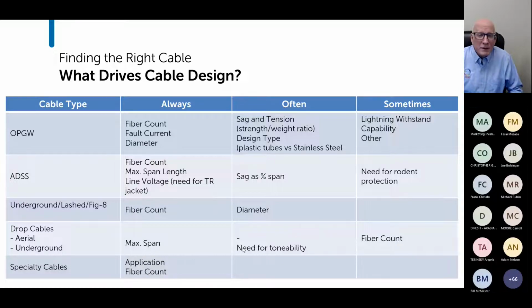Drop cables are generally just some low fiber count, 2 or 4 or 6. Some customers, though, want a higher fiber count, and so sometimes that becomes a major factor. And then for the specialty cable applications, what you're trying to do specifically, whether you're going under a lake, if so, how deep, those kinds of things, the application itself drives the cable design, and then the fiber count is also an issue.